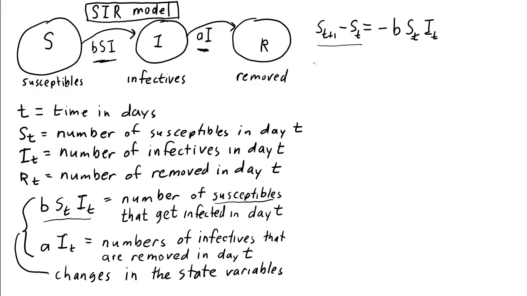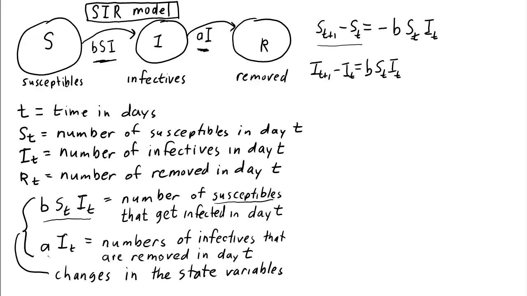How about the change in the number of infectives? Well, that's going to be I sub T plus 1 minus I sub T, the new value minus the old value. When a susceptible gets infected, the number of infectives increases, so we should put the same quantity here, B times S sub T times I sub T. But I can also change because infectives get removed.